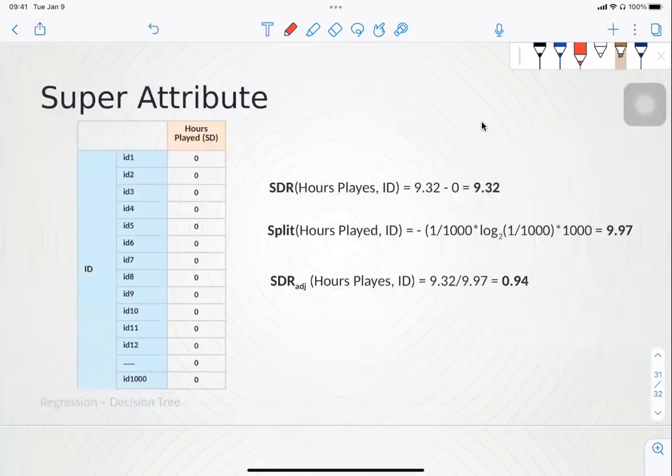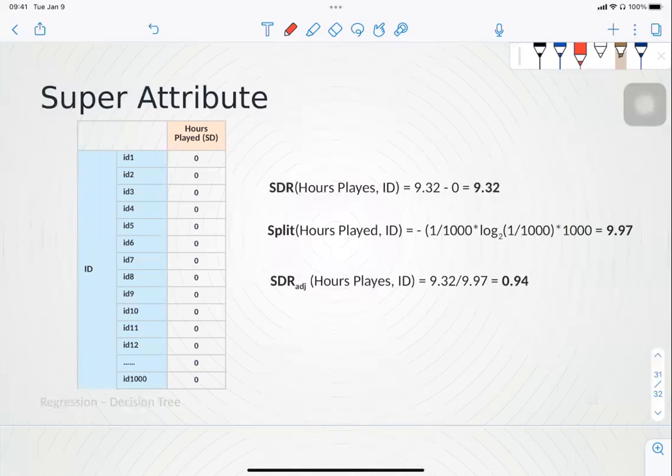Lastly, we are looking at the super attributes. As we know, super attributes are easily selected as root, resulting in a broad tree that classifies perfectly but performs poorly on unseen instances.